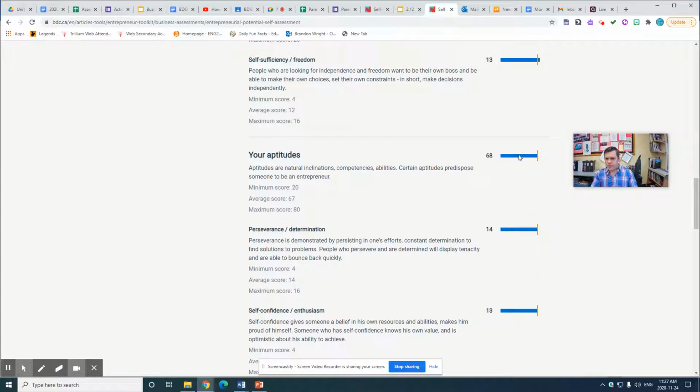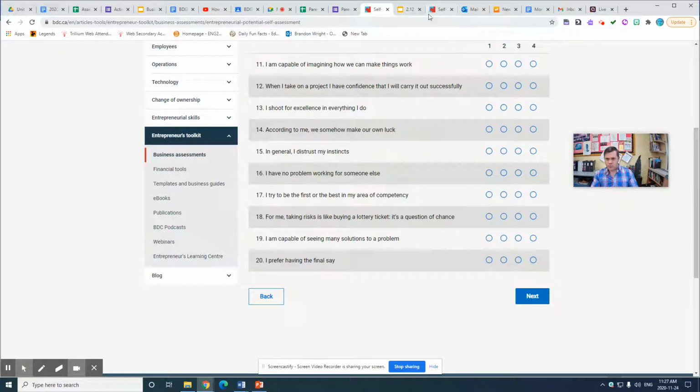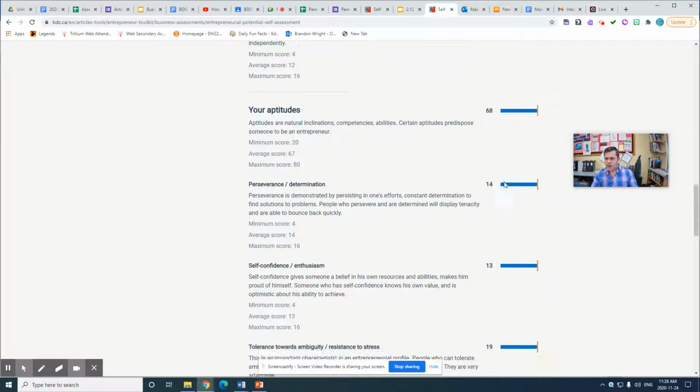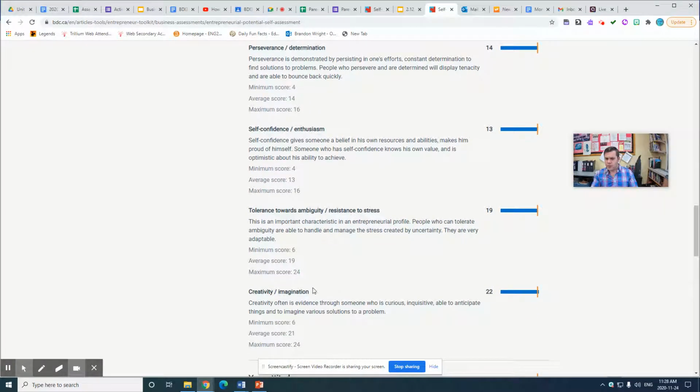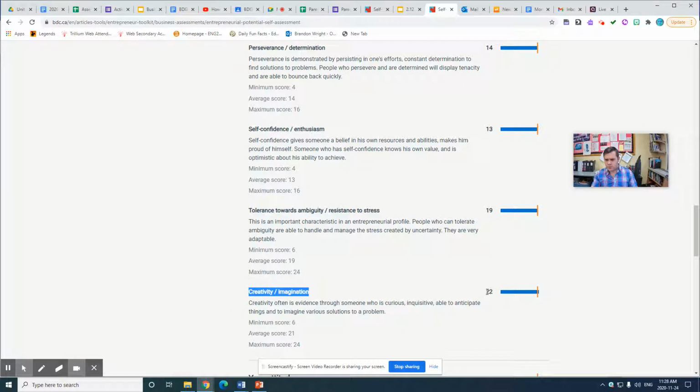For example, in my attitudes, I'm just below average. So 68 would go here. And then my highest would be creativity and imagination at 22. The number is displayed there.